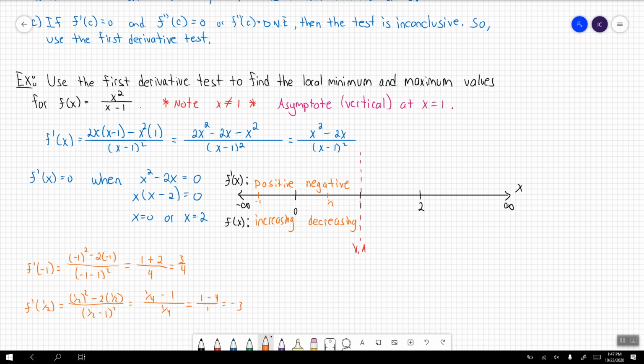And we can keep doing this process for the rest of the intervals. Well, we now want to observe what's happening on the interval from 1 to 2. We can choose a midpoint of, let's say, 1.5. So what happens if we choose a midpoint of 1.5 and we substitute that value into the derivative?